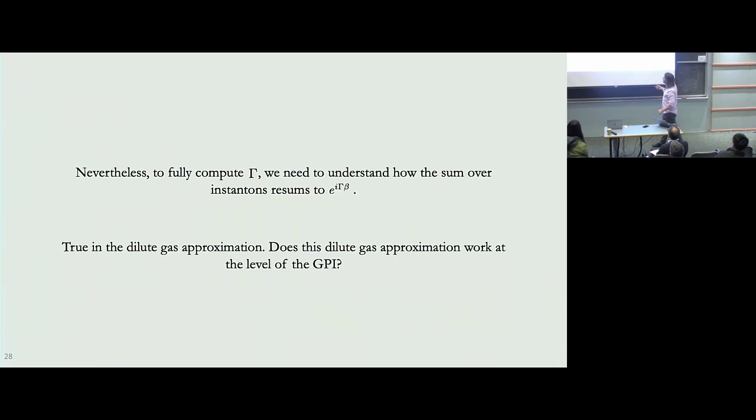And this is typically true in the dilute gas approximation, when the instantons don't interact with each other. So the question is, does this dilute gas approximation work at the level of the gravitational path integral, or are there further problems? And you'll see I'm not talking about gravitational interactions. I'm just talking about a count of the moduli space of instantons itself.